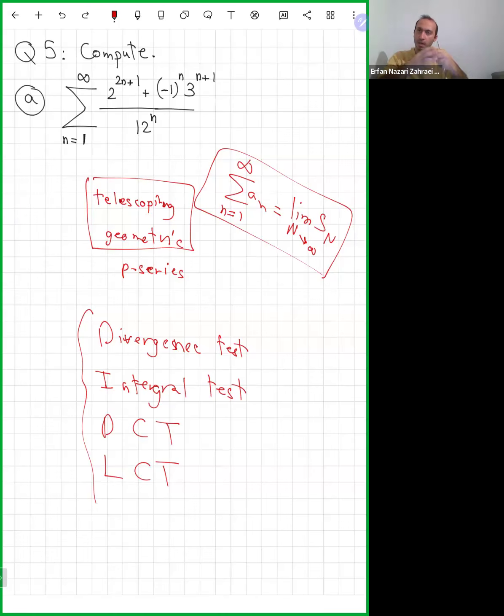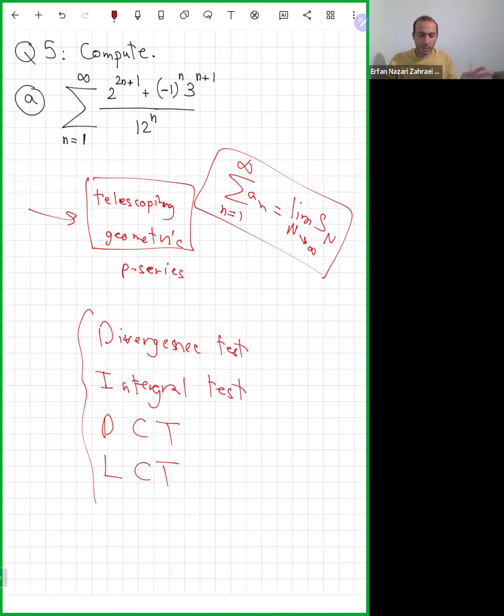If you write down the partial sum, everything cancels except one term from the first term and one term from the last term. Only in these two cases can you compute the exact value of the infinite series.